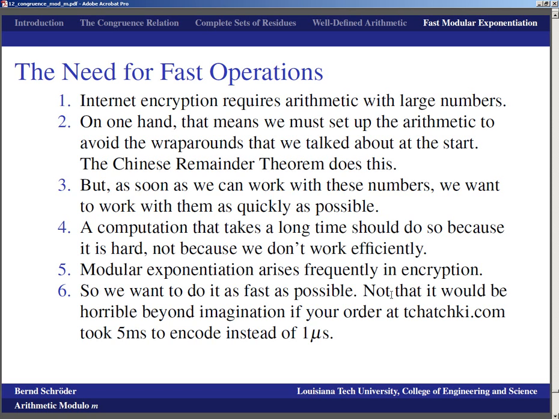Let's be realistic here. It would not be the end of the world if my order at tchotchke.com would take 5 milliseconds to encode rather than 1 microsecond.